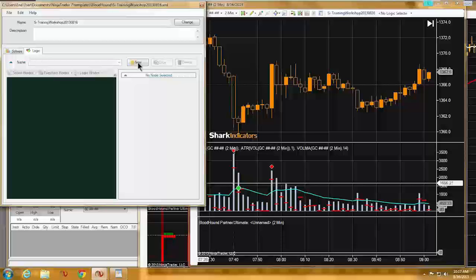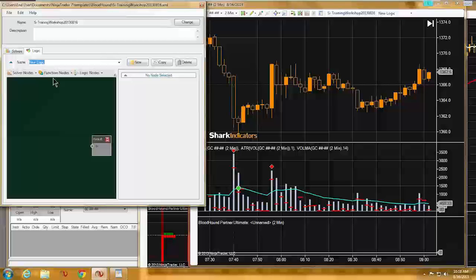I'll just jump over here to the logic board, and I'll start working on the logic board instead of working on the solver tab this time. All right, so let's see, I'll just call this a volume spike.